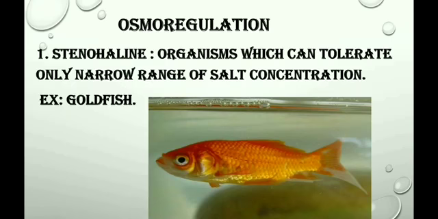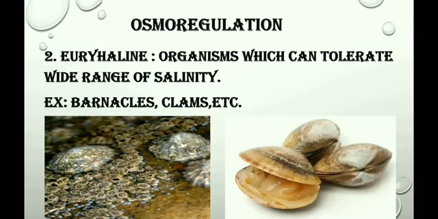Those organisms which can tolerate only a narrow range of salt concentrations are called stenohaline. For example, freshwater animals, or you can see on your screen, example is goldfish. Euryhaline, those organisms which can tolerate a wide range of salinity are called euryhaline organisms. For example, barnacles, clams, etc.